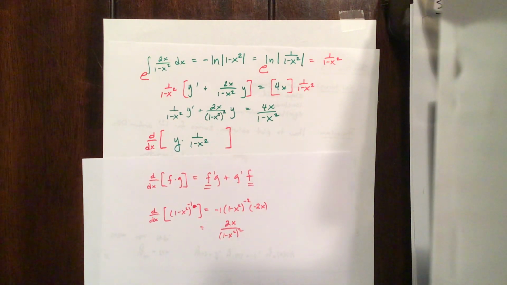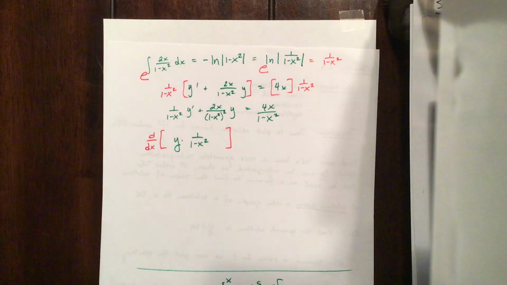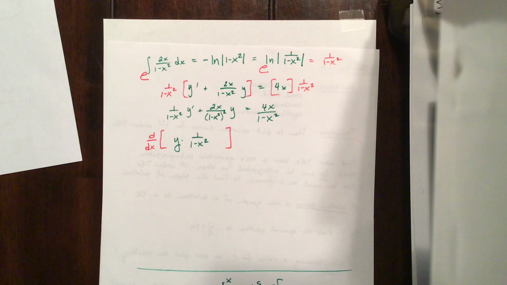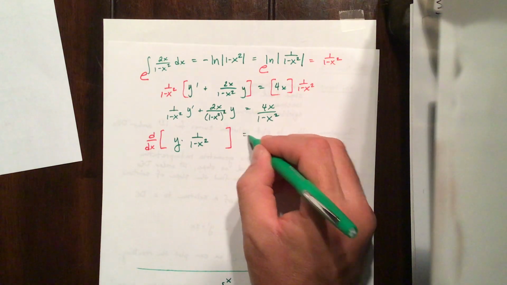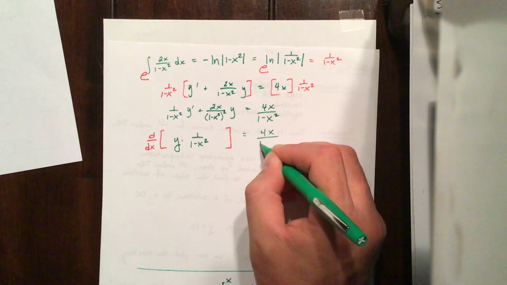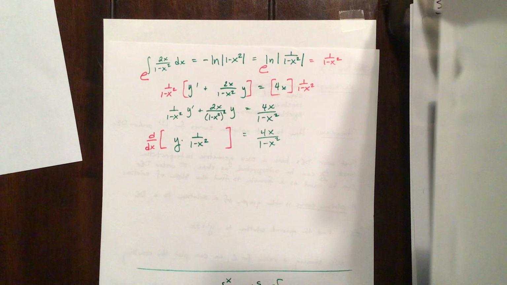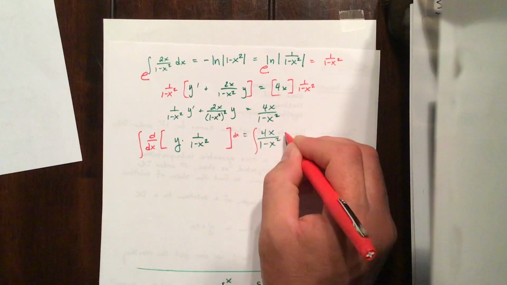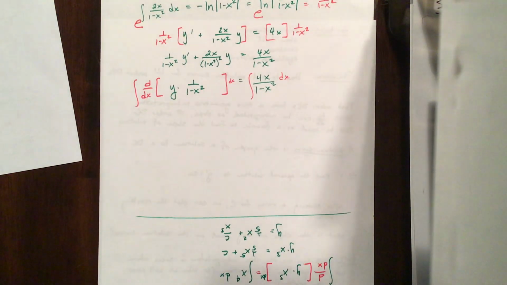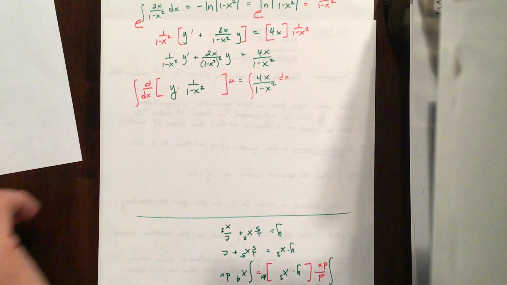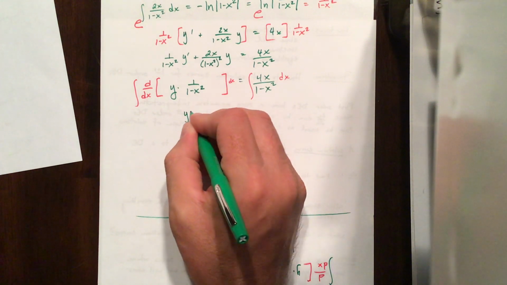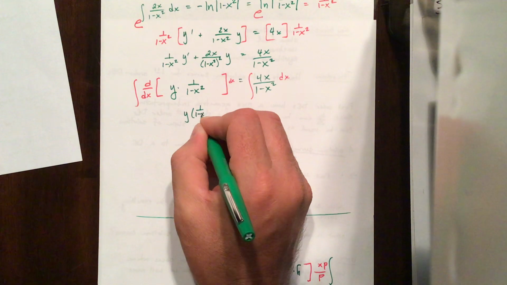Okay. So we now have written the left-hand side as the derivative of some product, and that is equal to 4x over 1 minus x squared. So now we integrate both sides with respect to x. On the left-hand side, love this step, it's the easiest one. Y times 1 over 1 minus x squared.